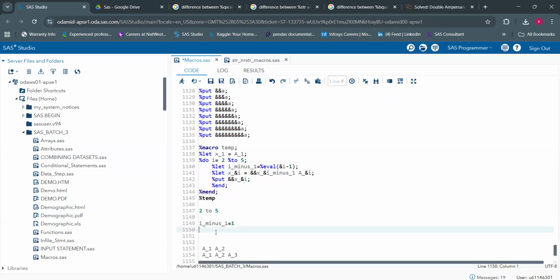So it's x_1, sorry, x_2, right? What is &i here? 2. So x_2 equal to &&x&i_minus_1.